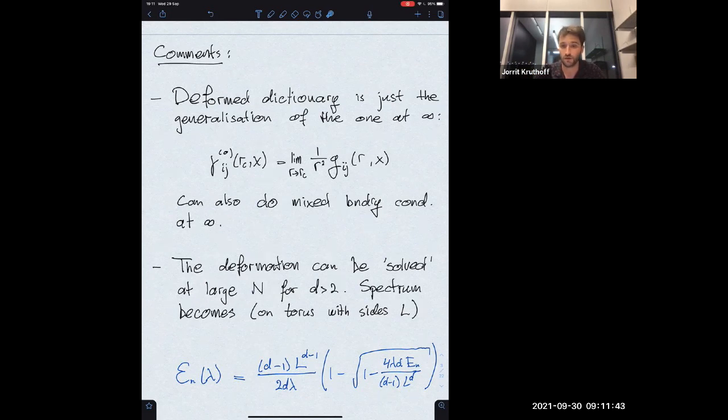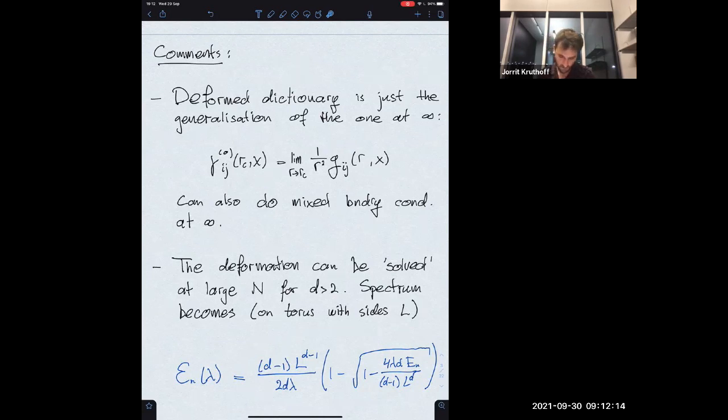And for those states, you would have the factorization property. You can solve again for the spectrum non-perturbatively in parameter lambda, and you'll find some expression like this, which just has the same functional form as the expression that we know and love from the 2D boundary example. But there are some factors of D here and there.